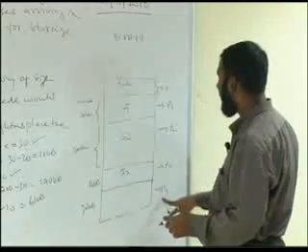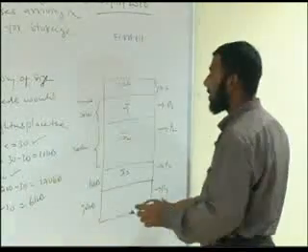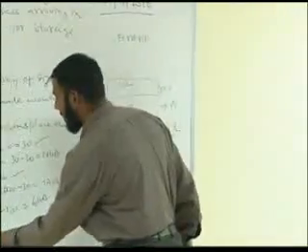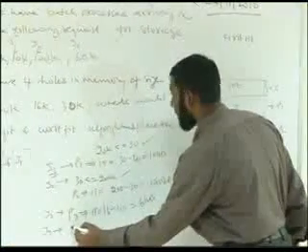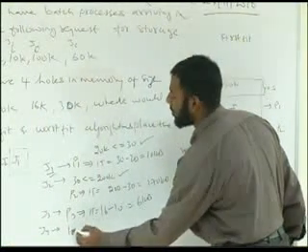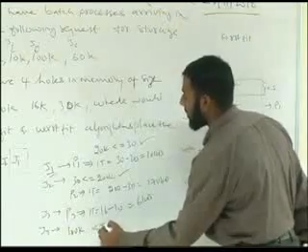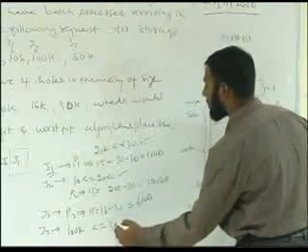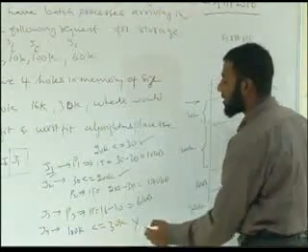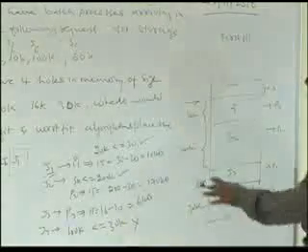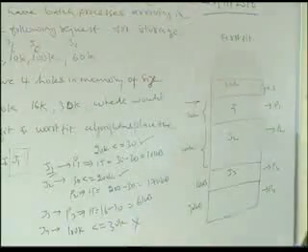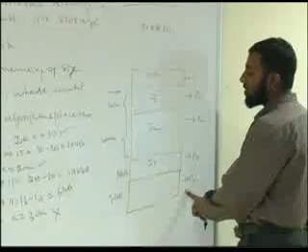But here is the condition: is the size of this process, which is 100 kilobytes, less than or equal to the size of the partition, which is 30 kilobytes? No, the condition fails. When it fails, this partition will not be allocated for job J4.